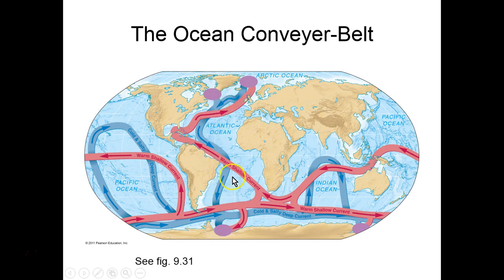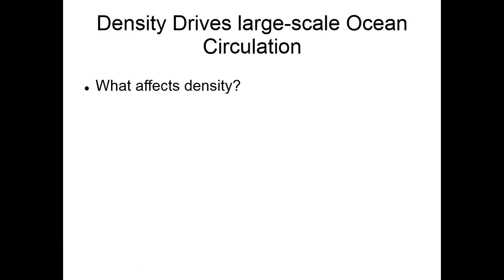This is also going up, so it's not totally accurate, but what it's trying to show you is that you have dense water that's sinking, and then you have shallow currents that are moving through because they are low density. Essentially they eventually get to the higher latitudes where the water gets cooled and the density increases. So density drives large-scale ocean circulation.